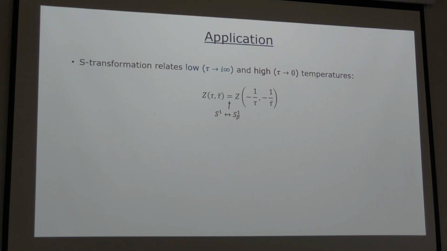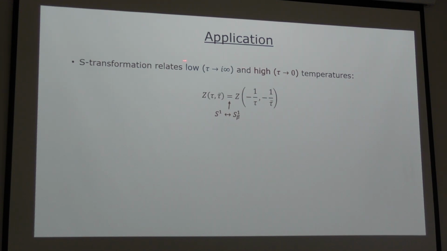Now, there's a famous application of this, which we also talked a little bit about during Ashok's talk. The S transformation, which is a specific SL(2,Z) transformation, inverts this parameter tau.